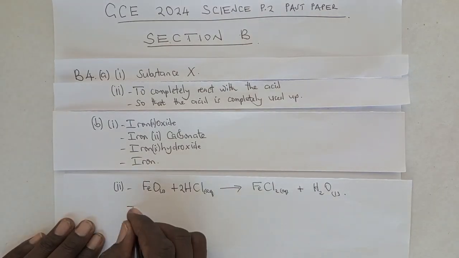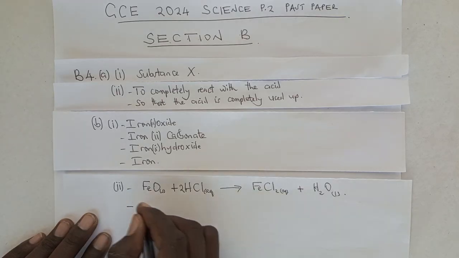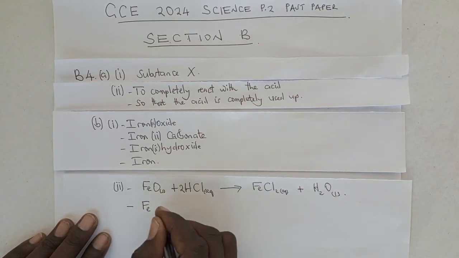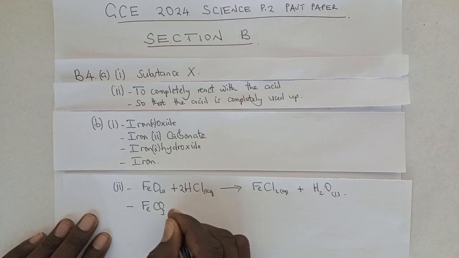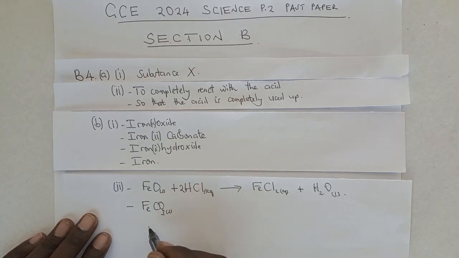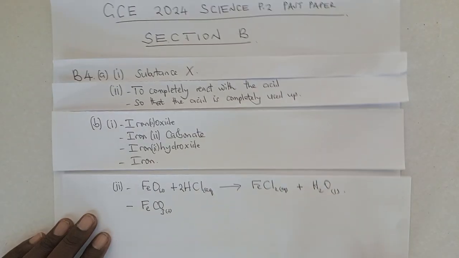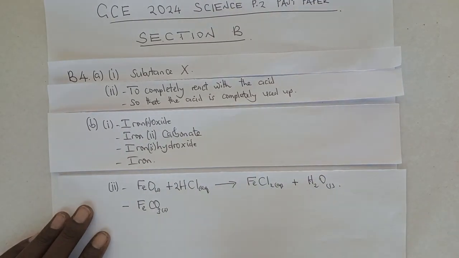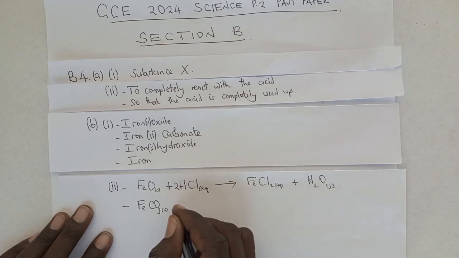We move on to iron 2 carbonate. Remember, carbonate has a valence of 2 as a radical, and iron has a valence of 2, it is iron 2. So there's going to be this, and this is a solid because all carbonates are insoluble, are solids, except for carbonates of group 1 elements and ammonium.